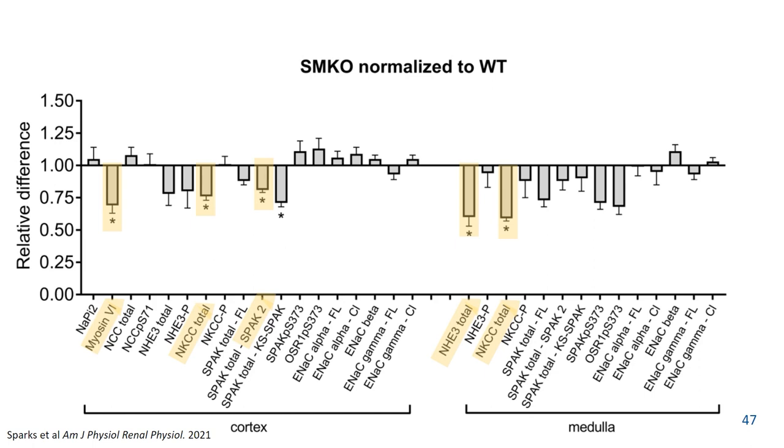However, we found the opposite. NKCC2 in particular was lower in both the cortex and the medulla. We also saw lower NHE3 in the medulla.